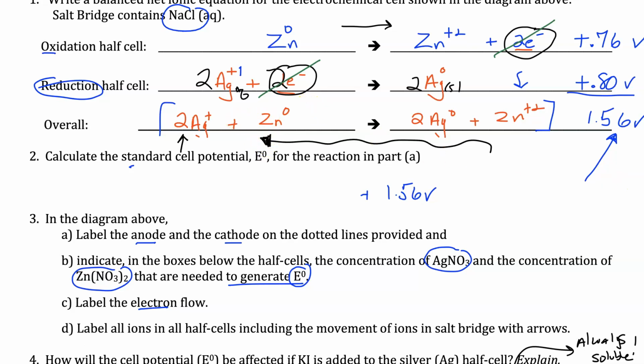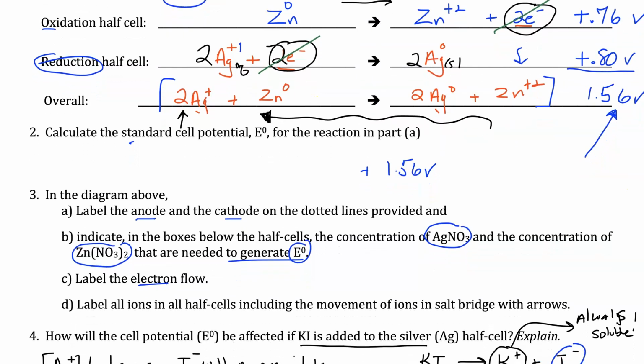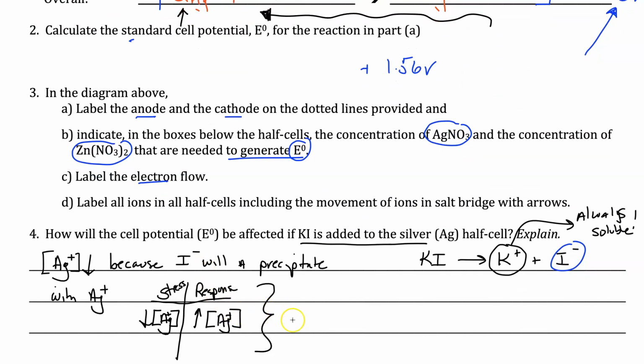And so therefore the voltage is going to drop. So the reaction is going to shift left to increase the silver+ ion concentration, and the E0 of the cell will have a decrease in volts as the forward reaction is now less spontaneous.